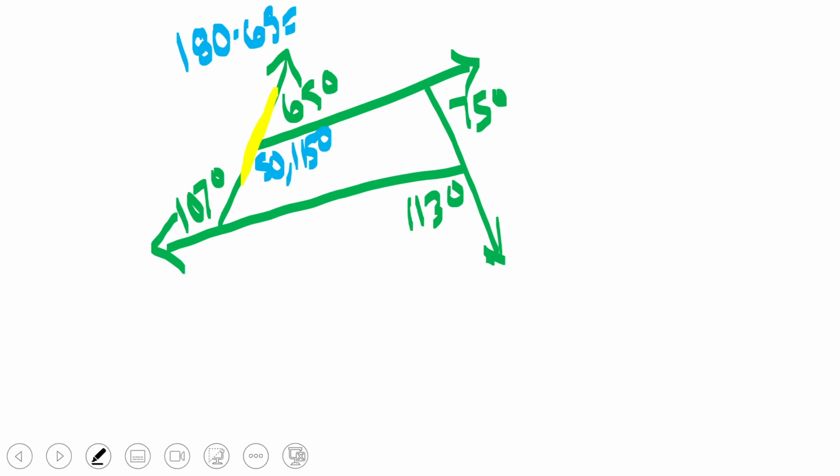Calculate all 4 of them. So you're going to have, alright, here. This angle is 75 degrees, so on the other side, thinking of our linear pairs, we've got 180 minus 75. So this angle is 105.